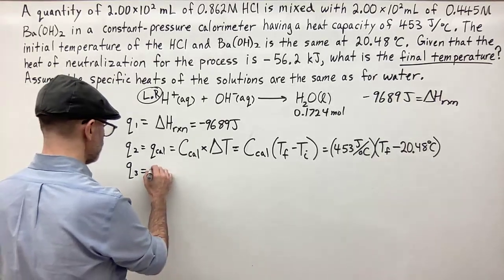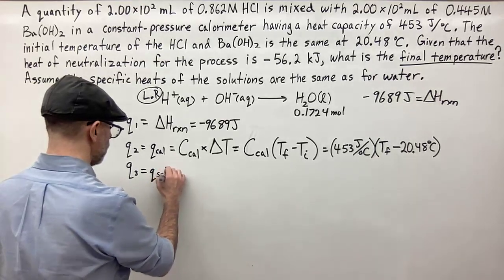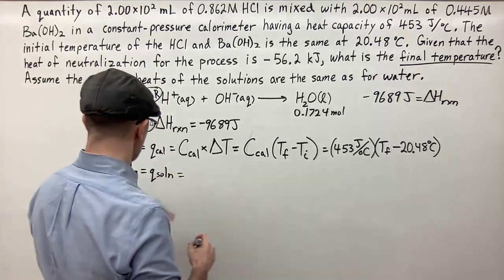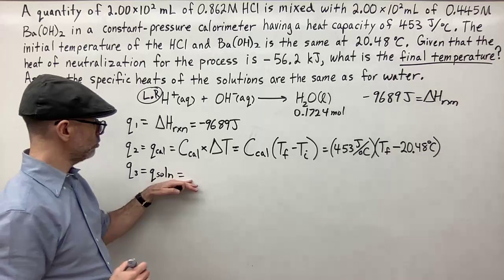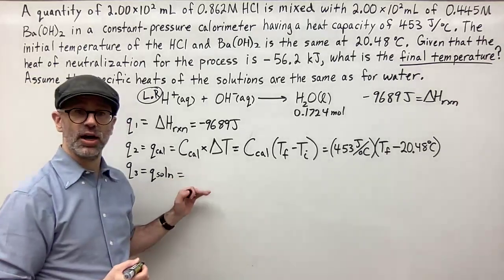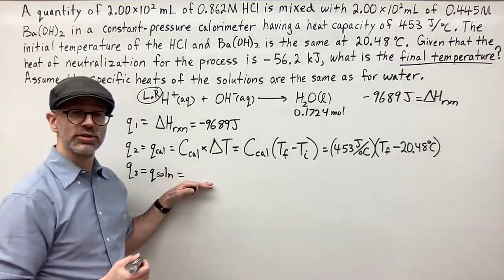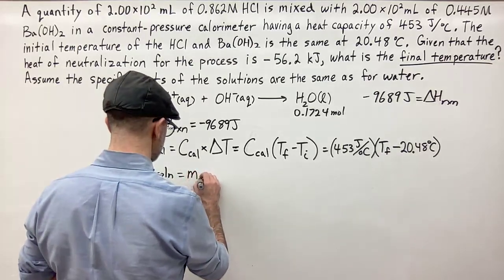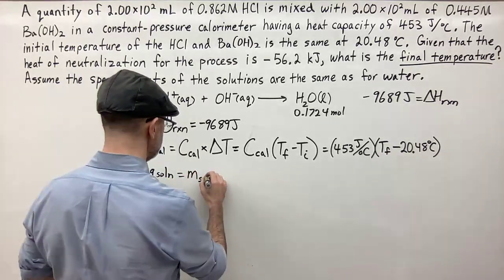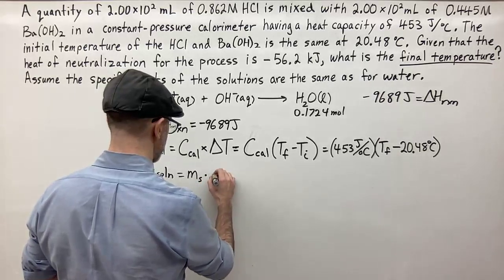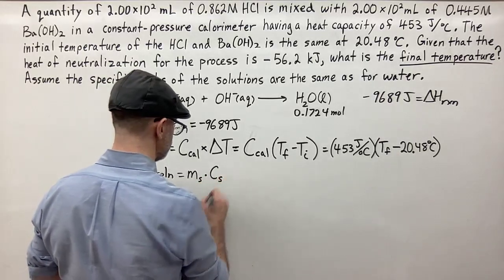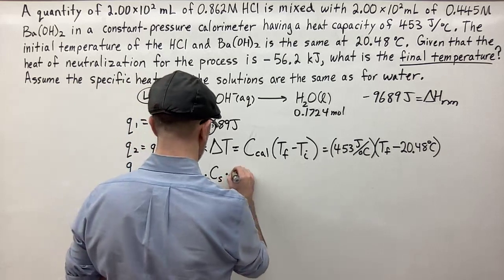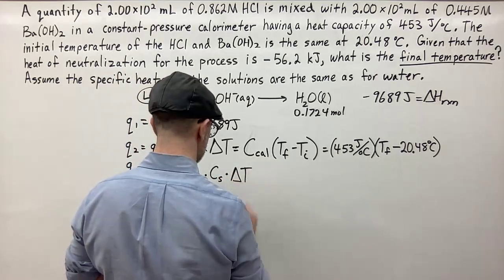So this is going to be Q of the solution, which is going to be equal to Q equals MCΔT. So the mass of the solution multiplied by the specific heat of the solution multiplied by delta T of the solution.